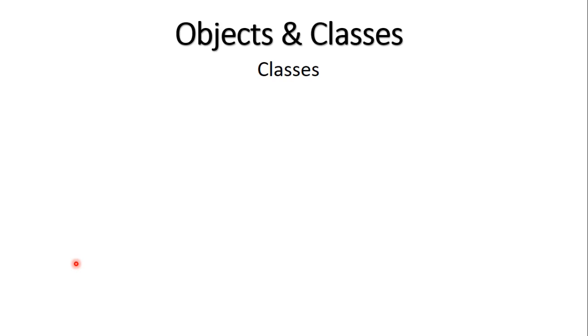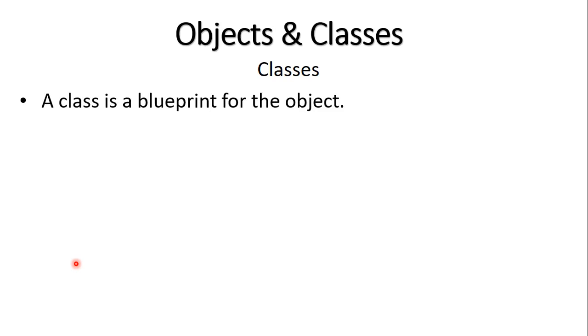Now let us understand about class. What is class? A class is just a blueprint of the object. Okay, a class is a blueprint of the object. Like I said, students, or let's say a particular student, is referred to as an object.